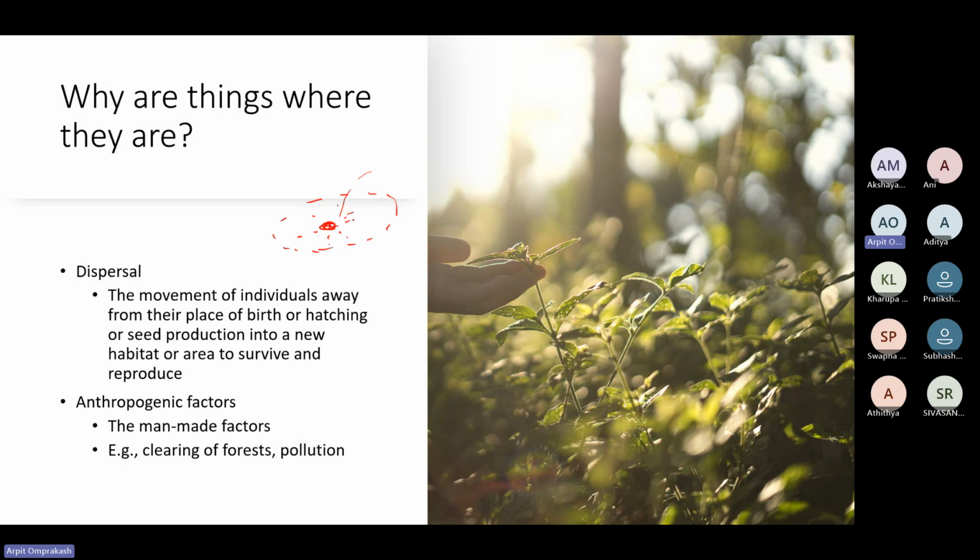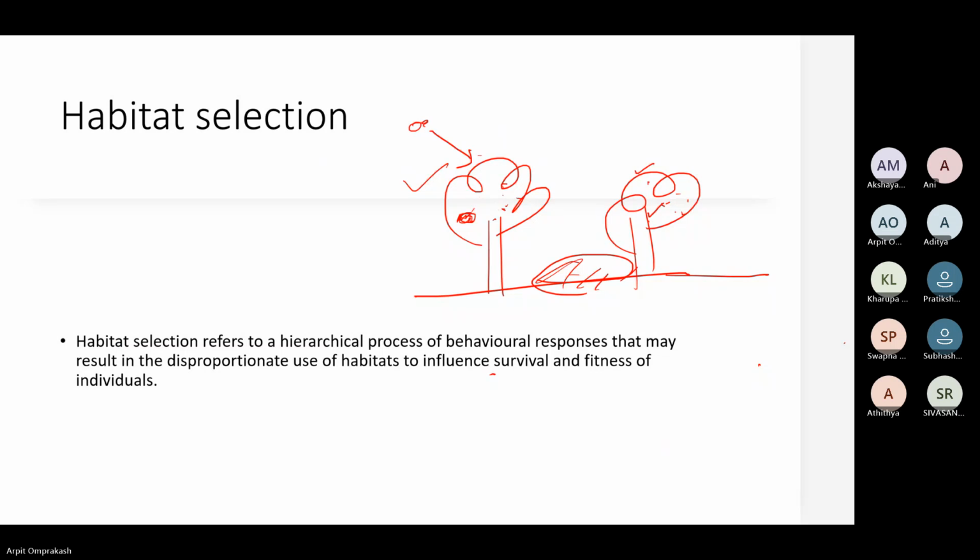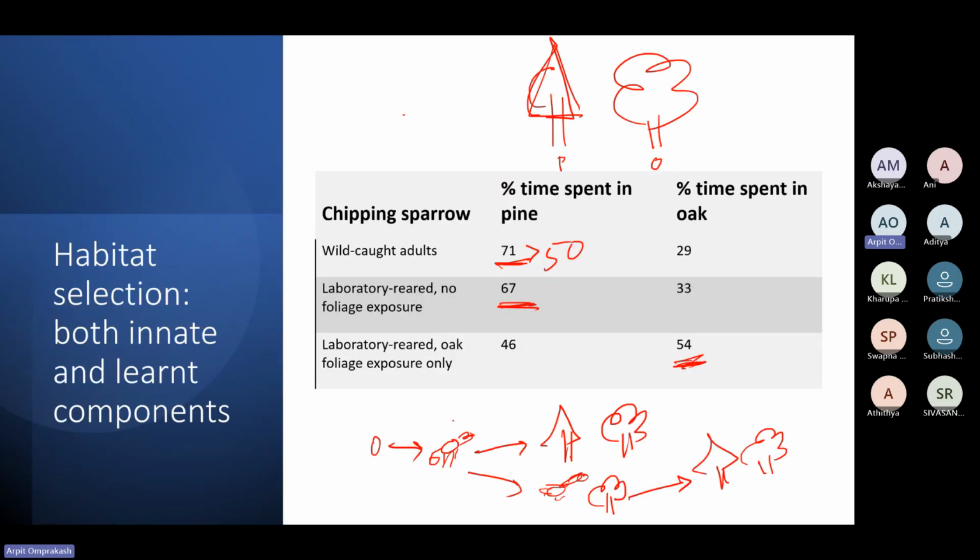We also talked about anthropogenic factors that may be affecting the range of species, such as the clearing of forests and habitat destruction. We talked about habitat selection, which is where some species behaviorally prefer a given area or a given habitat.